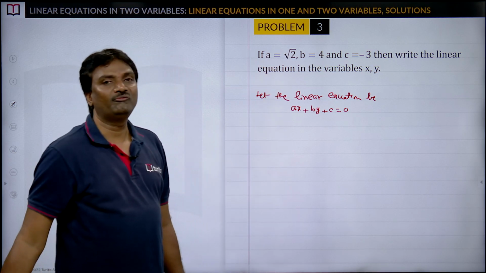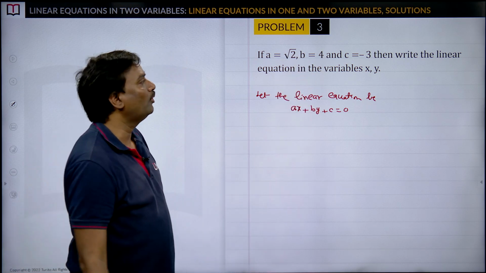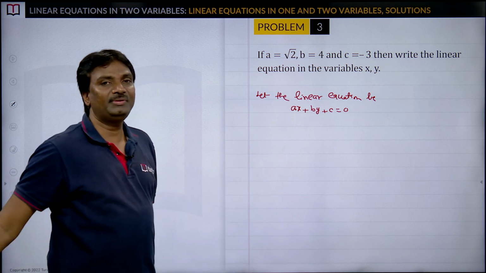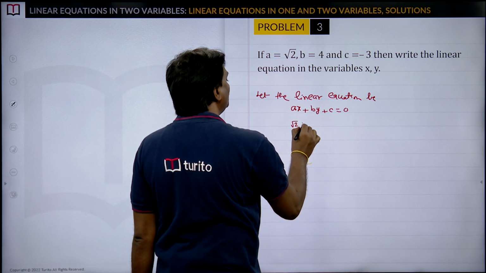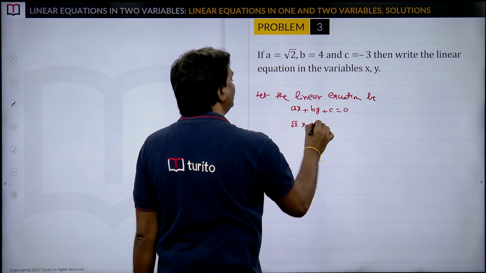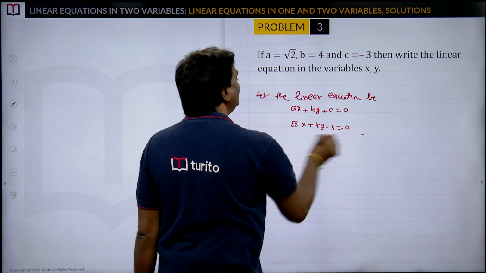According to the problem, we have A equal to root 2, B equal to 4, C equal to minus 3. In place of A, B, C, by substituting the given values, we get root 2 x plus 4y minus 3 equal to 0.